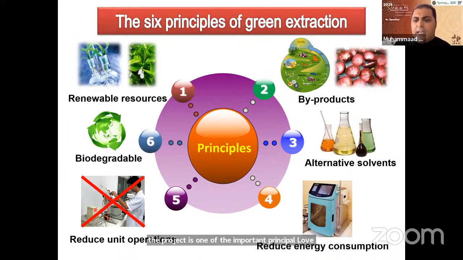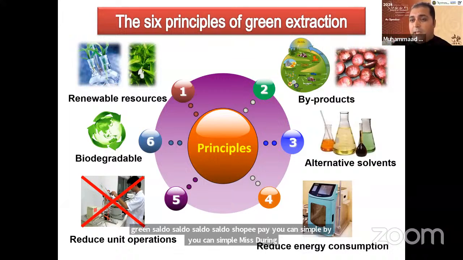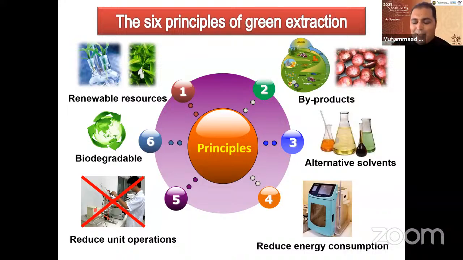The third one is the alternative solvent. Alternative solvents are the green solvents. Green solvents are those solvents which are bioconsumable. Bioconsumable means those solvents which humans or animals can use without any toxic effect. For example, the most green and bioconsumable solvent is water. But of course, there is a point of polarity.